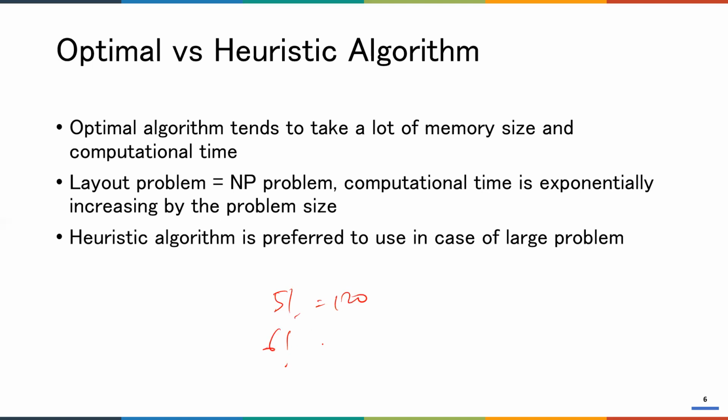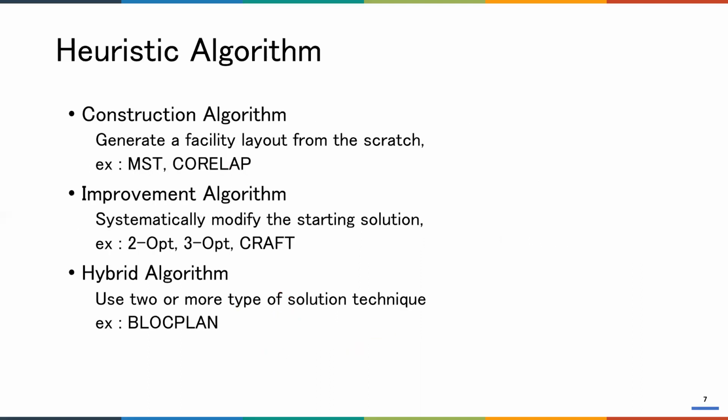If we add one more workstation, it becomes 720, which means it's a non-polynomial problem. Its computational time will increase exponentially. So our brain will not be able to cope with that, and even the computer has limited memory. So for big problems, we just use a computer.